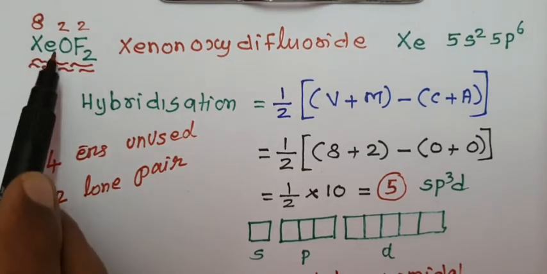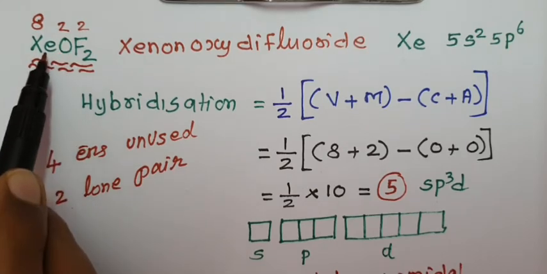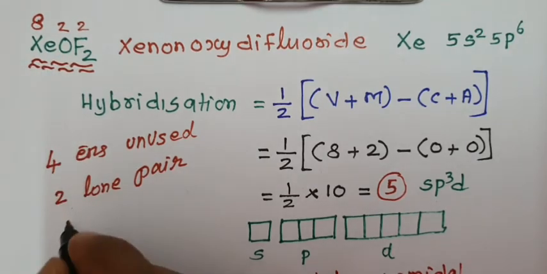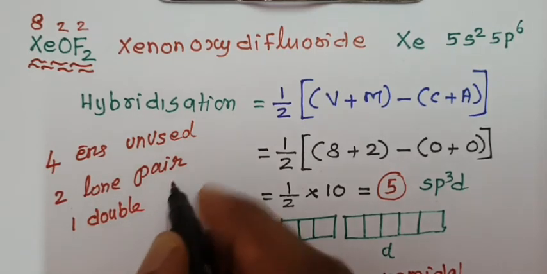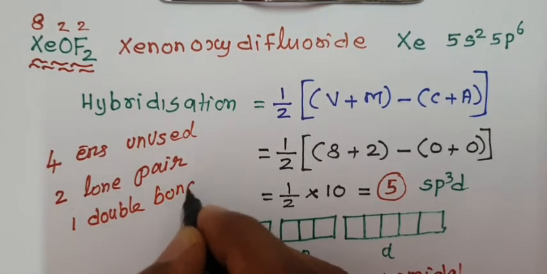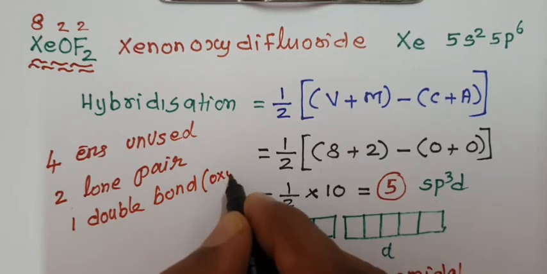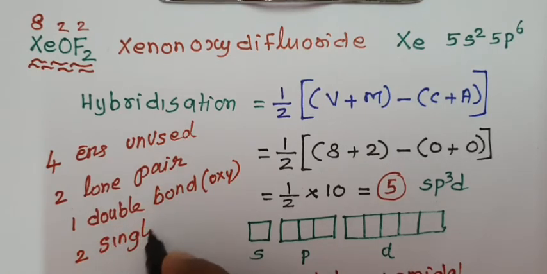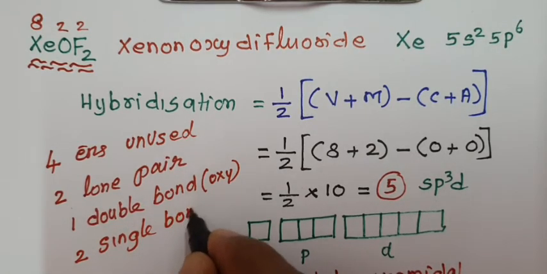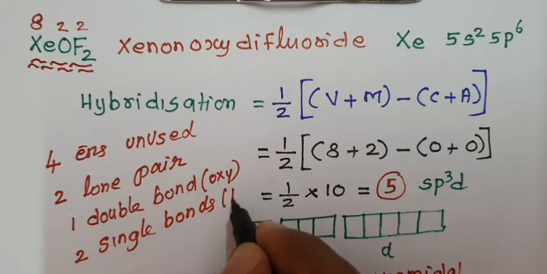One double bond with the oxygen and 2 single bonds with fluorine.